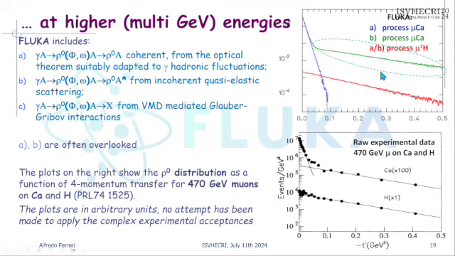Here you have the spectra computed as a function of the momentum transfer for 470 GeV muons on calcium and on hydrogen. Below you have the experiment, Fermilab, I think. Unfortunately, there is no absolute normalization in the experimental data.